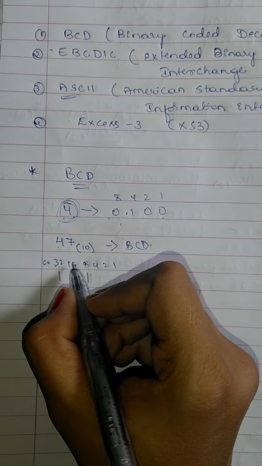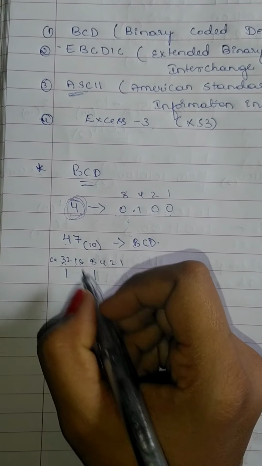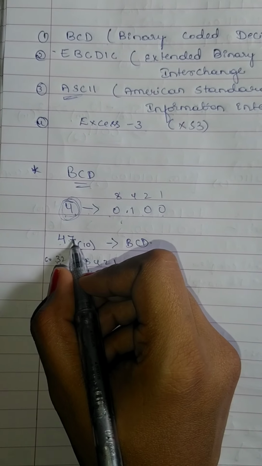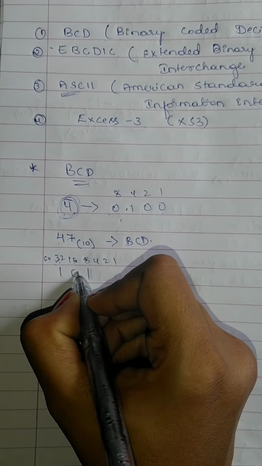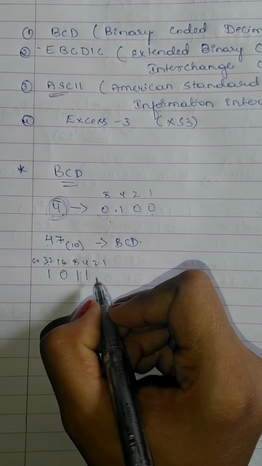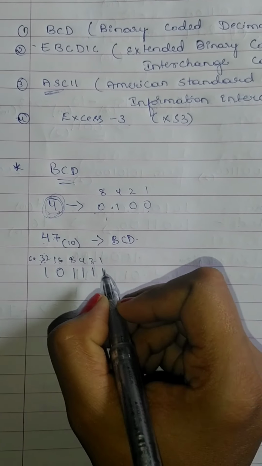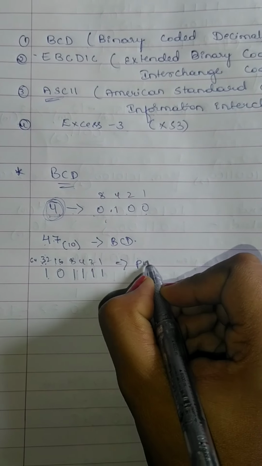I cannot take 32 plus 16, because that becomes 48, which is higher than the actual number. So I need to take 32 plus 8, that becomes 40. Then 40 plus 4, 44. 44 plus 2, 46. And 1 more, 47. So this is regarding the pure binary number.